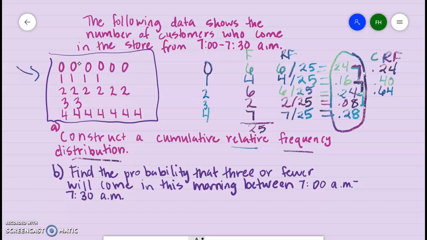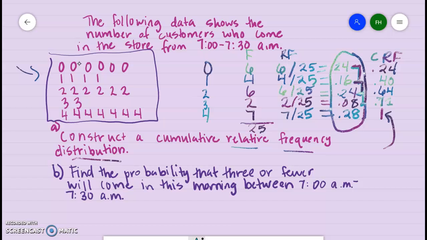Now add these 4 together and you would get 0.72. And then add all 5 and you would get 1. So when you get to the end, it should be very close to 1, like 0.999 or something close to that.